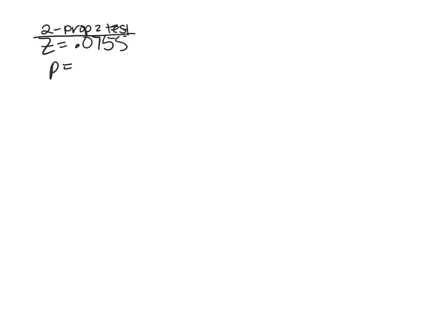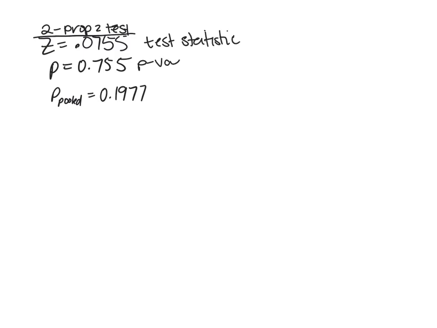And then you can write p-hat pooled, it's the only thing you don't already have, 0.1977. Okay, but this is our z-score, our test statistic. Oh yeah, I just wrote down the same thing, huh? That is not the p-value.